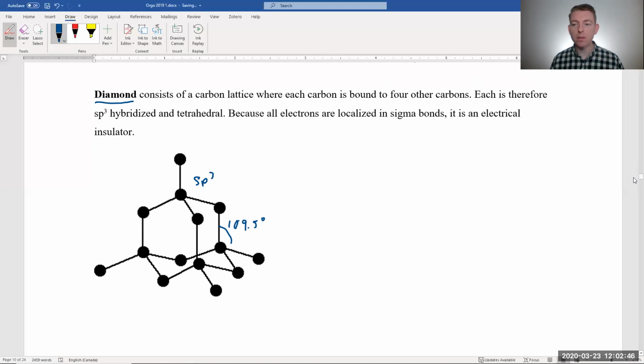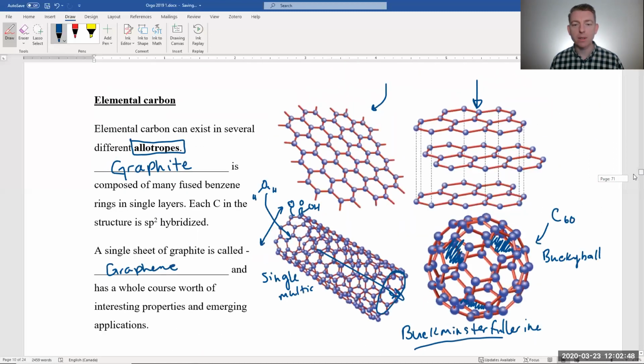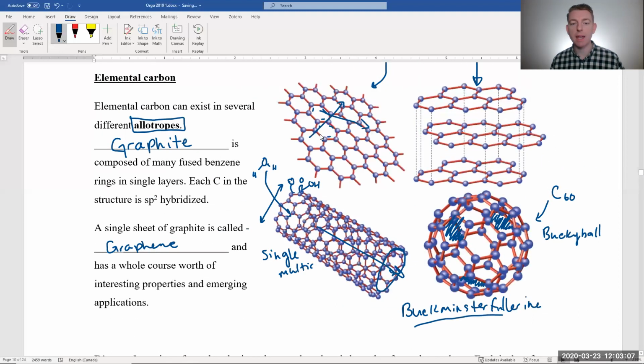So as opposed to, I didn't even mention that, but up here, say the graphene or the carbon nanotubes, because these are all conjugated bonds, they'll conduct electricity, or if we take it at the right angle across the sheet, they can be semiconductors, because electrons can delocalize across the surface there.